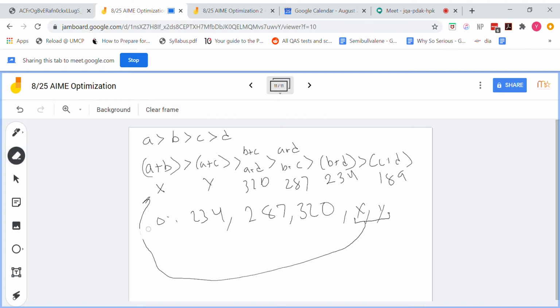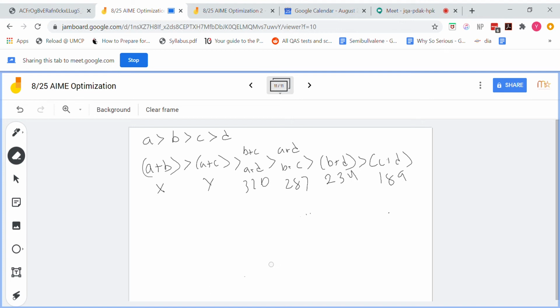Alright, so now we want to maximize x plus y. So what we're looking to maximize is 2a plus b plus c, given that b plus d is 234, c plus d is 189, and b plus c is either 320 or 287, and so is a plus d.